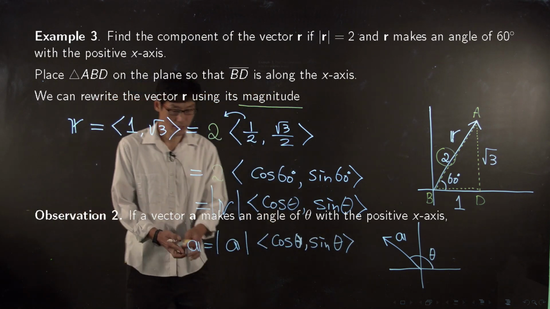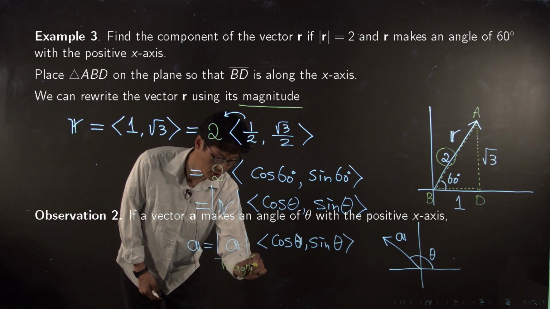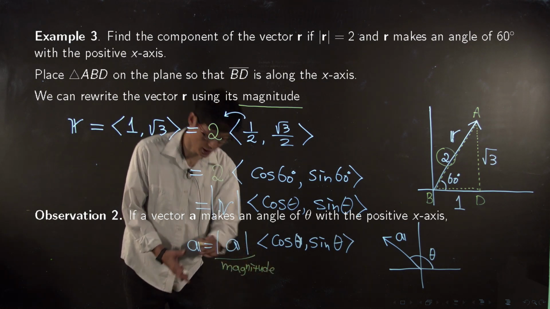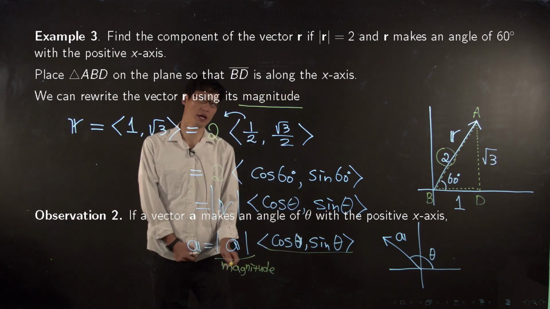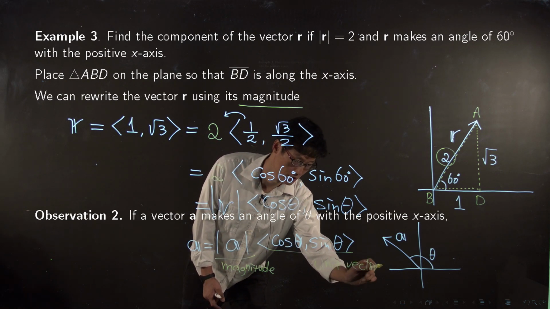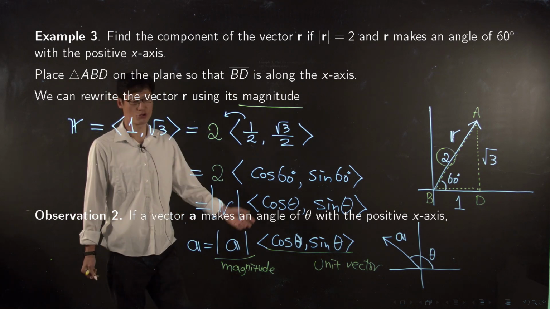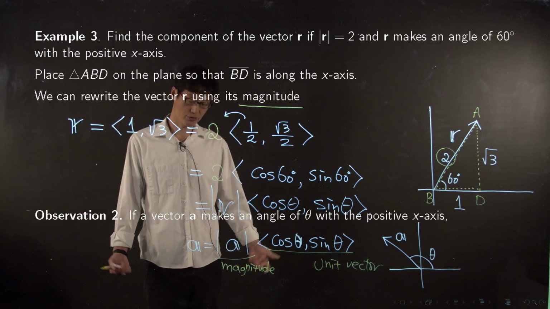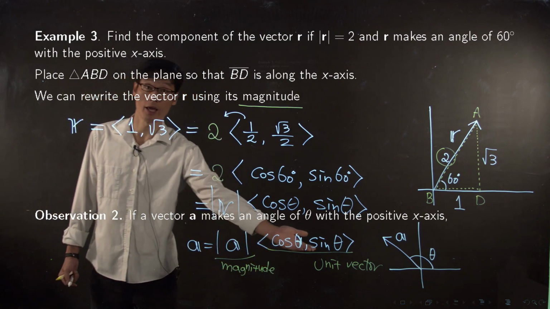Again, this gives you the magnitude, and this determines the direction. Actually, eventually you will see that this is a unit vector. So this observation 2 is a different version of observation 1. Every vector is completely determined by magnitude and direction.